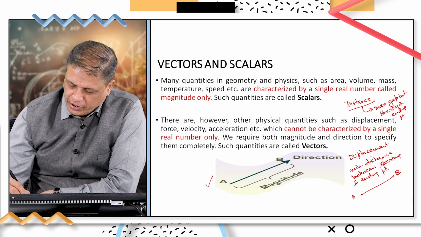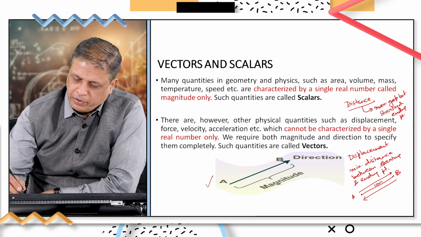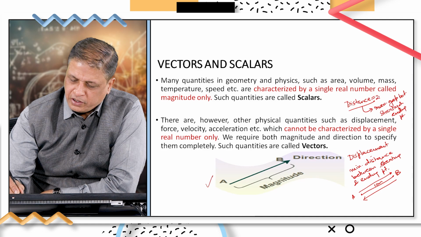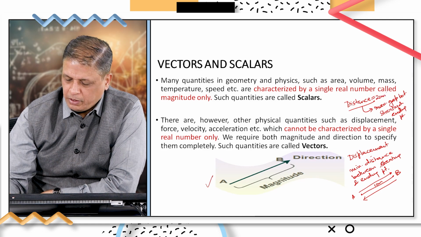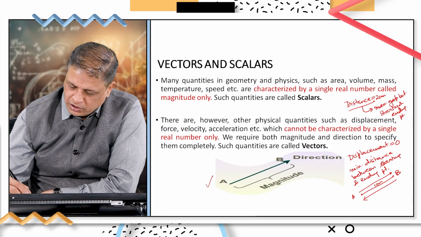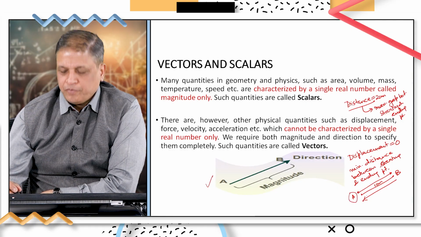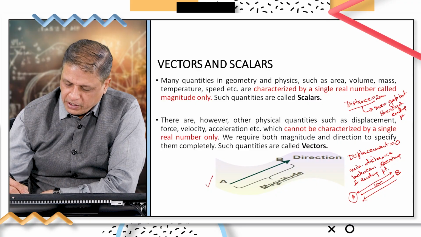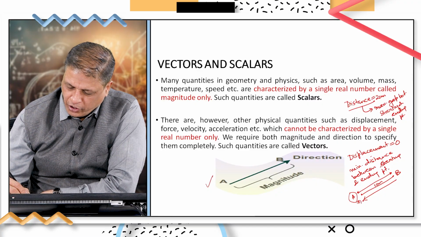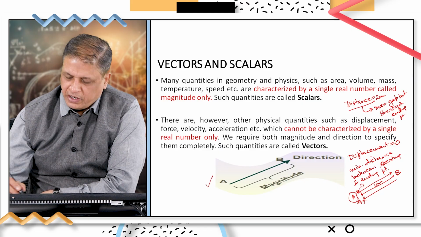If I move from point A to point B and then from point B to point A, and the gap is 10 meters, then the distance covered will be equal to 20 meters, but the displacement will be equal to 0 meters, because the person started from A and ended at A. So, in a closed loop, the minimum distance between the starting and ending point is 0. That is why the displacement is 0.